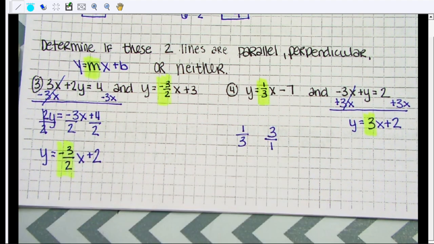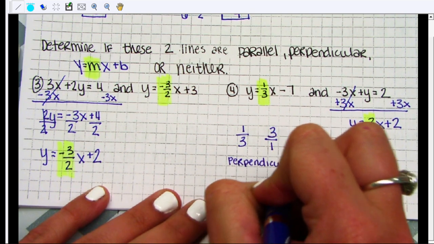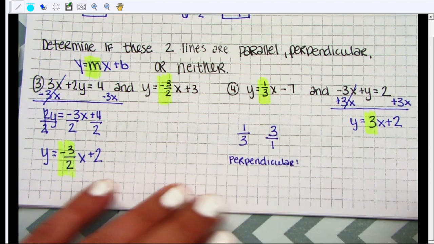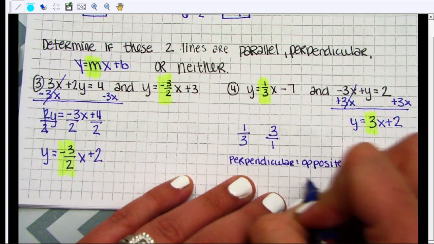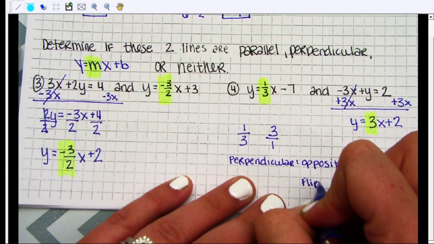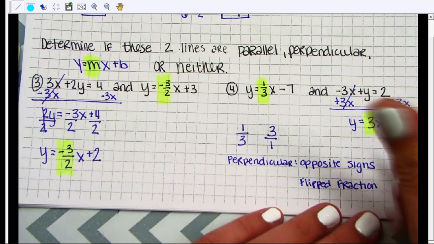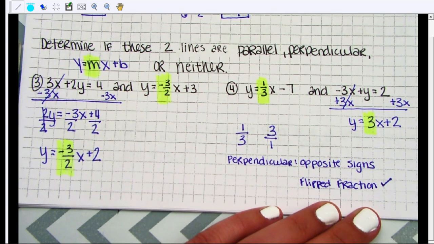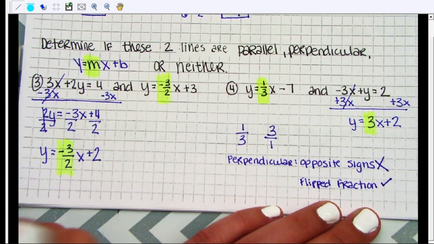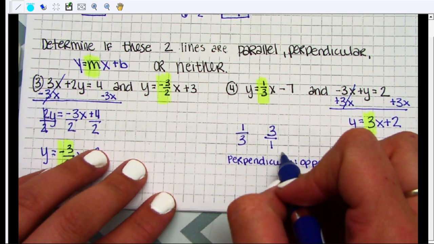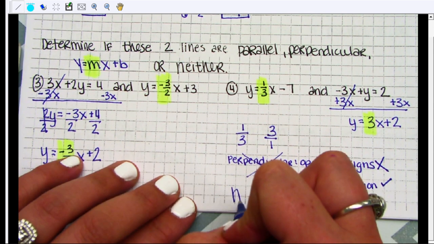No. In order for it to be perpendicular, you have to have opposite signs and flipped fraction. I have the flipped fraction. That's good. I do not have this part. That's bad. So that means perpendicular is out of the question. It's got to have both. So that means my slope is neither.